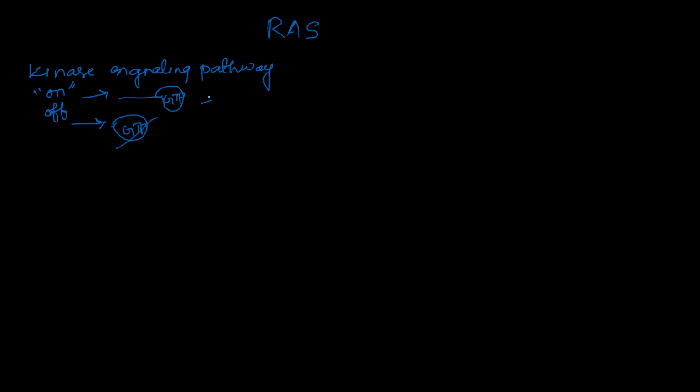Okay, this is for cell division, and this is for when it is not required. So when there is an alteration in any of these genes, what is it going to do? There will be no breakdown of GTP, right?